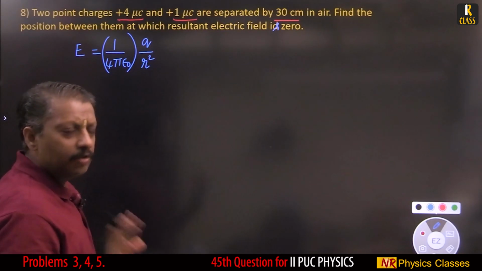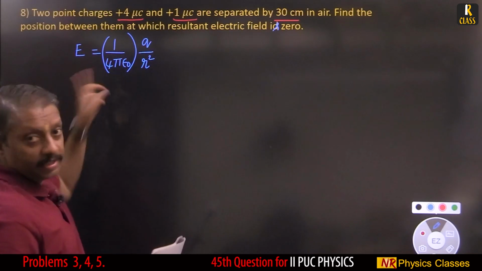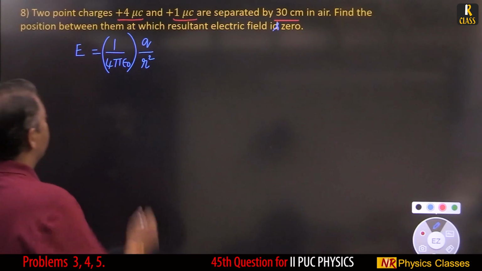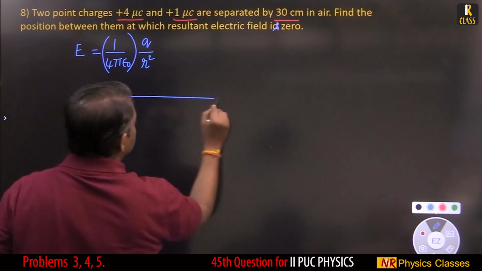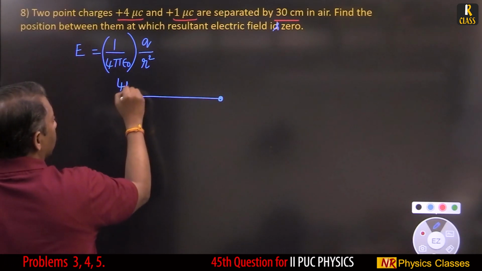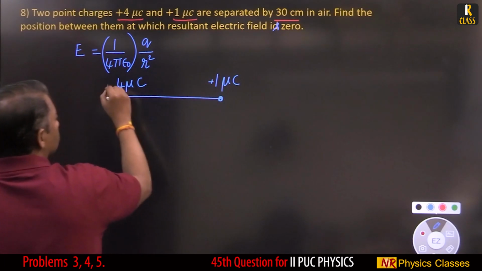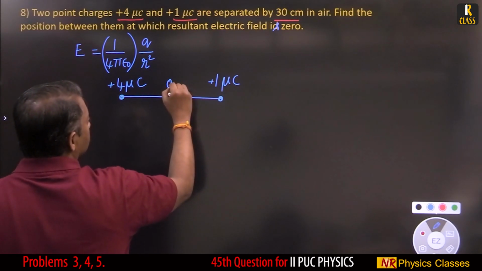Students, just by looking at the problem, identify the quantity and corresponding to that write the equation. Okay, don't forget. So this is the electric field. These two are the charges. One is 4 microcoulomb, second is 1 microcoulomb, and they are separated by 0.3 meter or 30 centimeter.